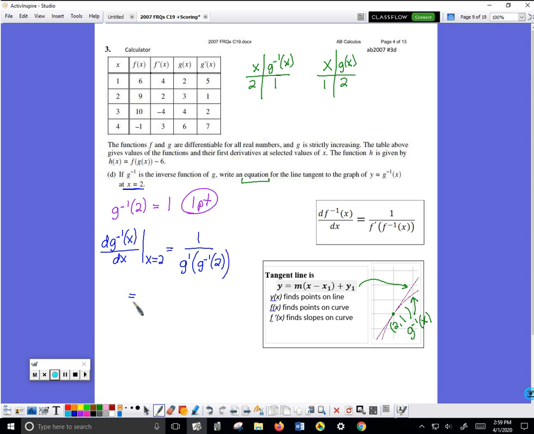We already figured out that g inverse of 2 is equal to 1. So now we have 1 all over g prime of 1. Come up here, when x is 1, g prime has a value of 5. So I've just figured out that the slope I'm looking for is 1/5.